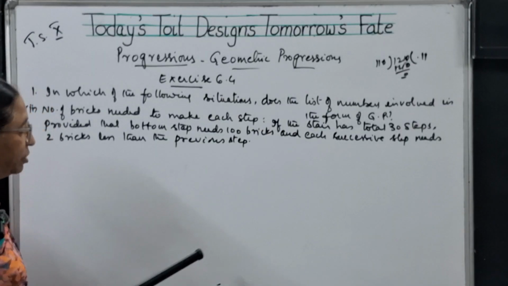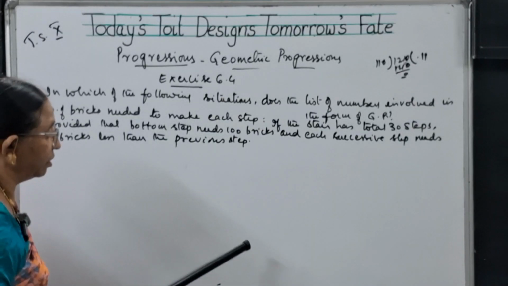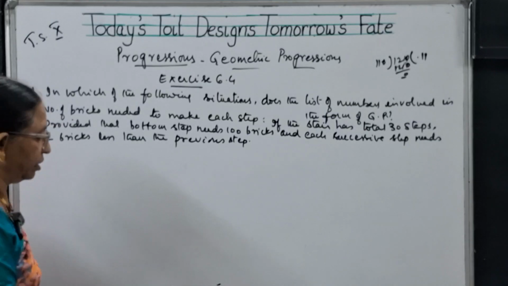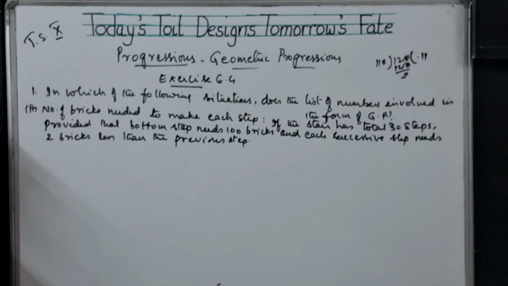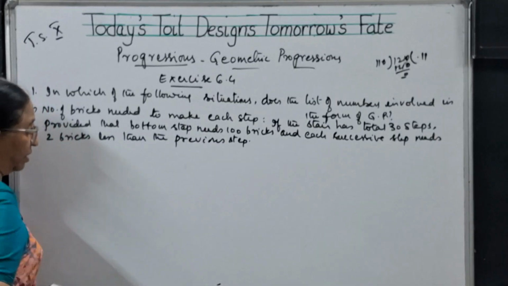So first the bottom step needs 100 bricks, then the one before it, that is the second one, I'll take it as the second step, needs 2 bricks less than this.